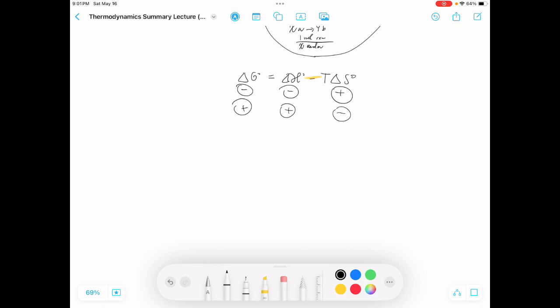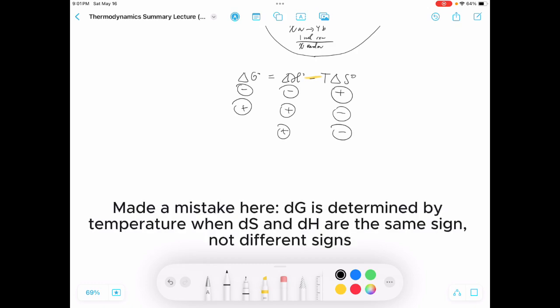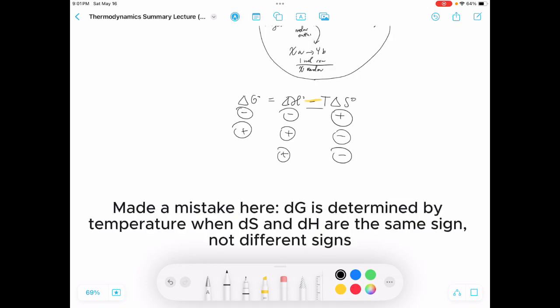So if I have an endothermic process that decreases in entropy, then this is when the magnitude of the temperature matters. Same thing if you reverse that, you can't say, because the magnitude of the temperature matters. So let's say I have an endothermic process that, sorry, I wrote the same sign here. I don't know why I did that.